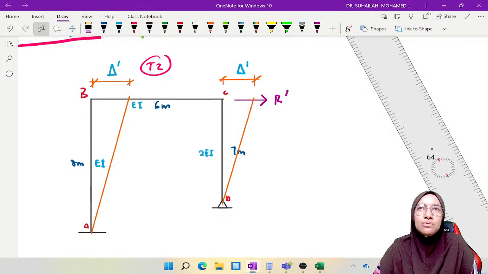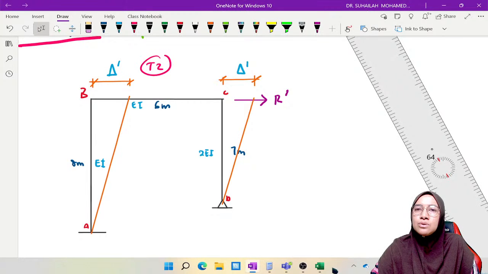What we do is assume the FEM for one column, for example AB. After that, we will find the FEM for CD using the geometry of the column. So it is actually based on the ratio.